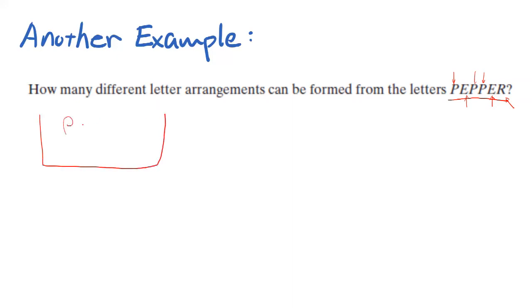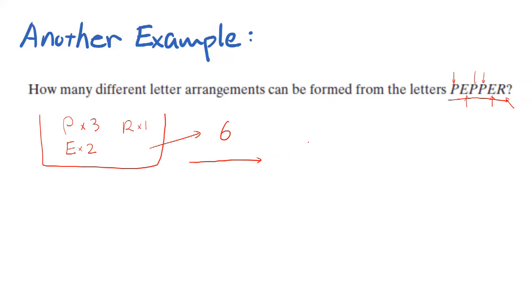We have 3 identical P's and 2 identical E's and 1 R. And we want to pick 6 elements and line them up and find the number of arrangements, right?